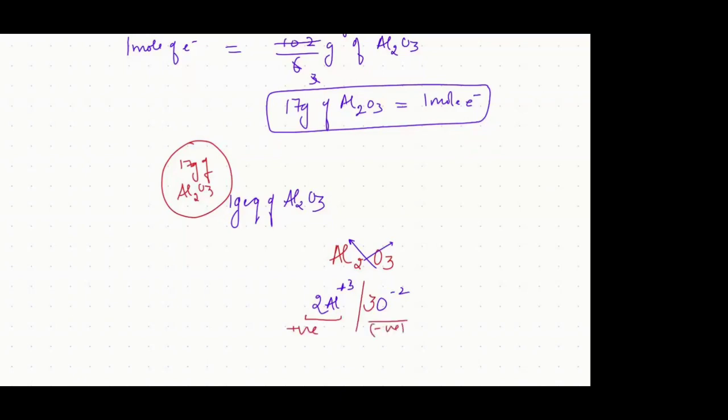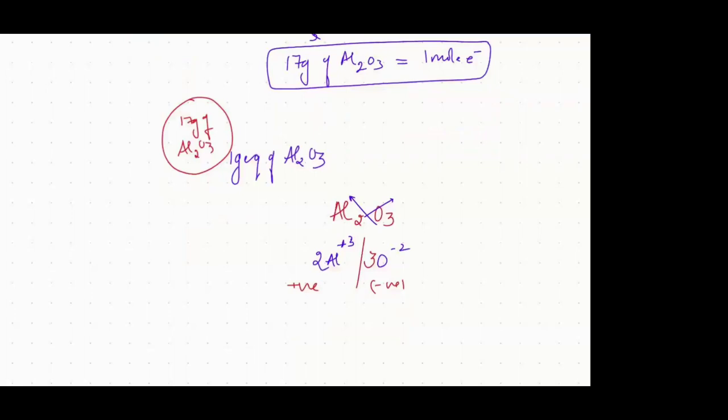Half part of it is positive and half part of it is negative. If one aluminium acquires a plus 3 charge, 2 aluminium would acquire plus 6. So basically we have 2 Al plus 3 in Al2O3, and we have 3 O minus 2 in this compound.